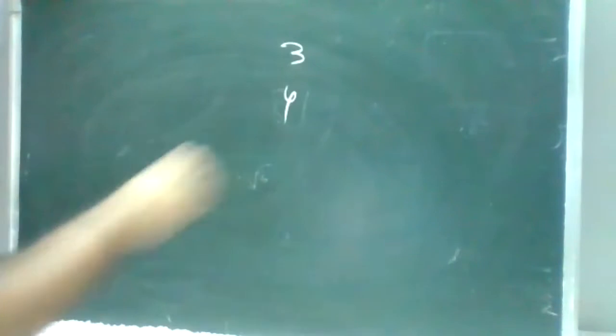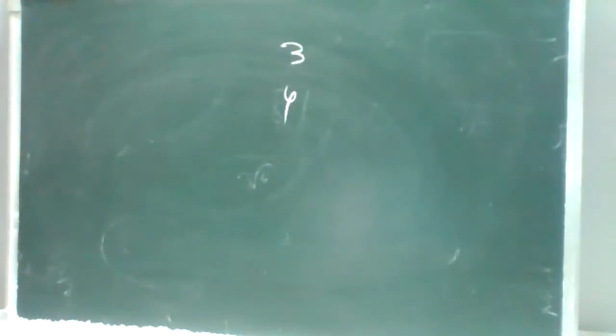I'll repeat the question: if the magnitudes of two vectors are 3 and 4, and their scalar product is 6.